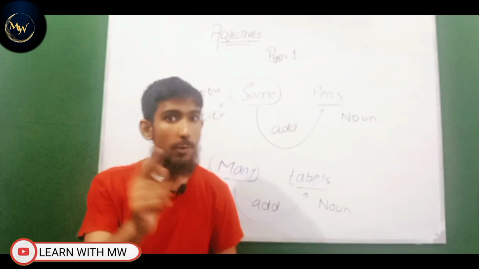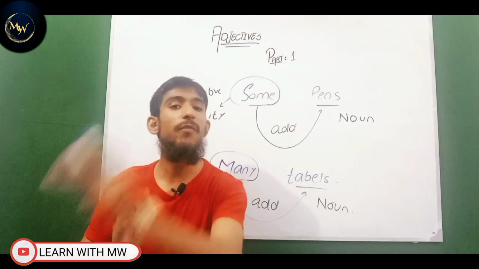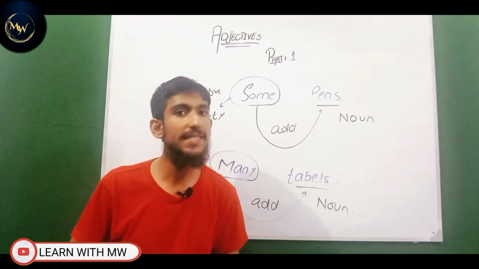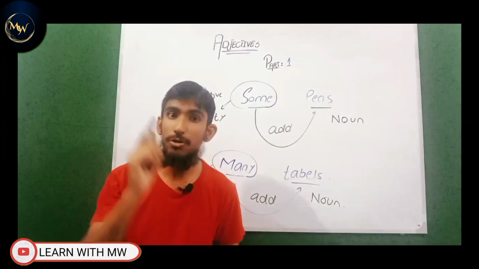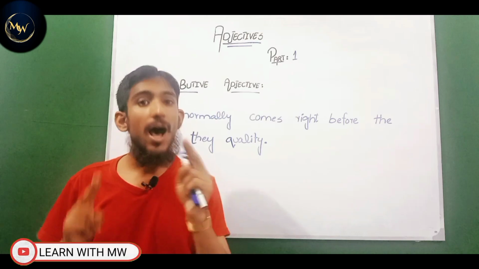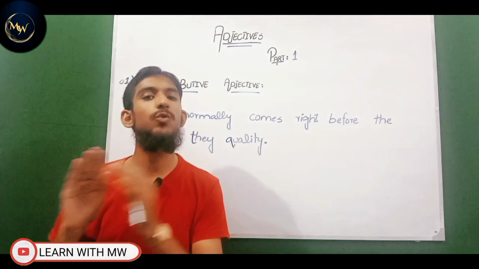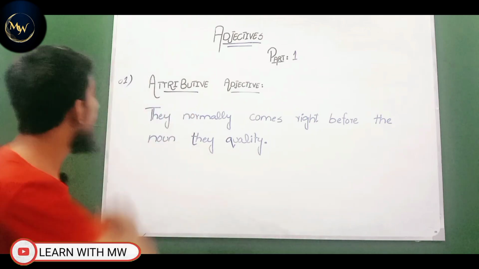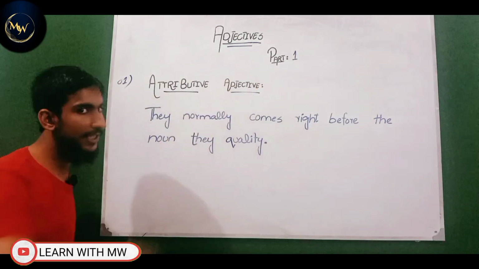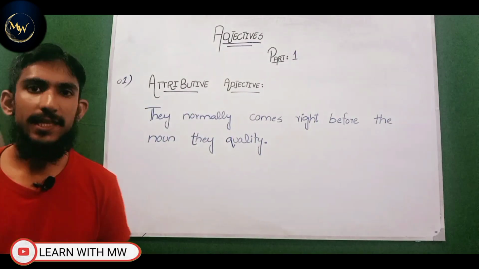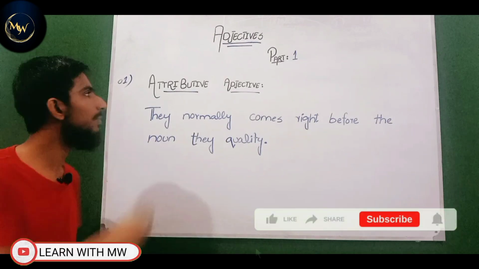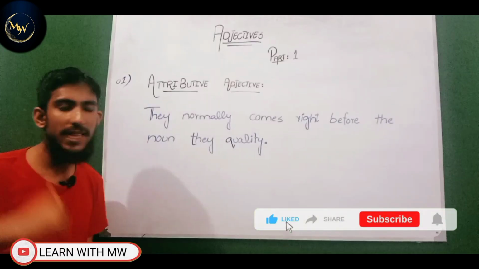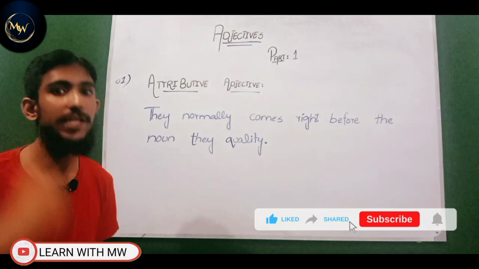Now, viewers, we will be discussing the places of adjectives, that is, where to place adjectives in English grammar. There are 2 ways in which we can place adjectives. On the basis of places, there are 2 kinds of adjectives. One is the attributive adjective, and the second, which we will discuss, is the predicative adjective.